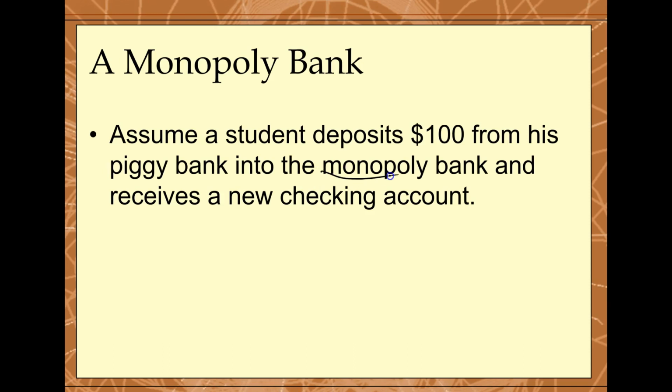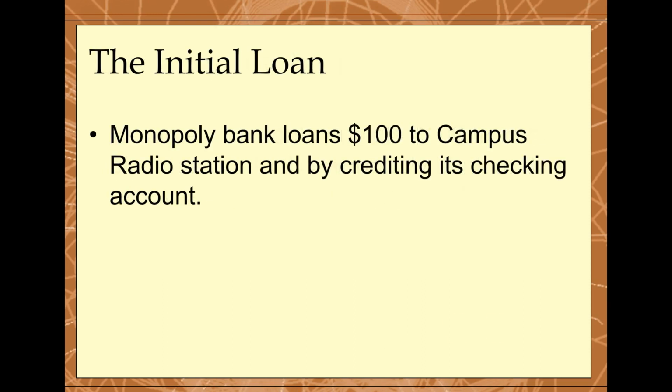We call this Monopoly Bank because there's only one bank. And he receives a new checking account as a result. Monopoly Bank loans that $100 to campus radio station, by crediting its checking account. So in other words, it could loan the money that was deposited to another party.